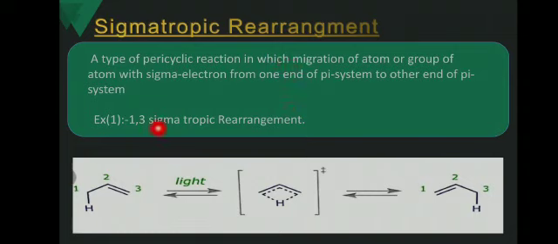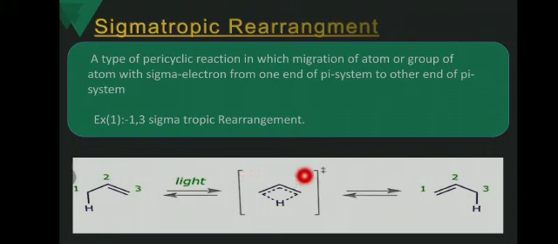This is the example of a 1,3 sigmatropic rearrangement. Why is it called a 1,3 sigmatropic rearrangement? Because we give numbering to this compound. This is carbon number 1, the saturated carbon, then carbon number 2, carbon number 3. The sigma bond to hydrogen is broken, and that bond is attached to carbon number 3. Therefore it is called a 1,3 sigmatropic rearrangement.